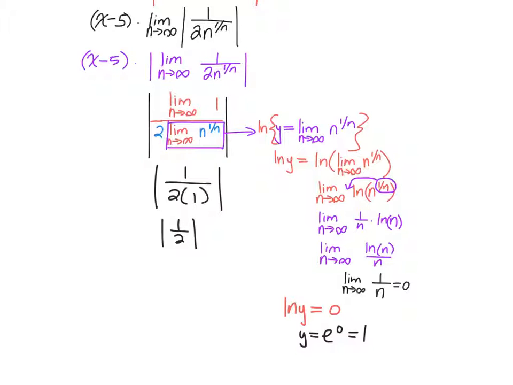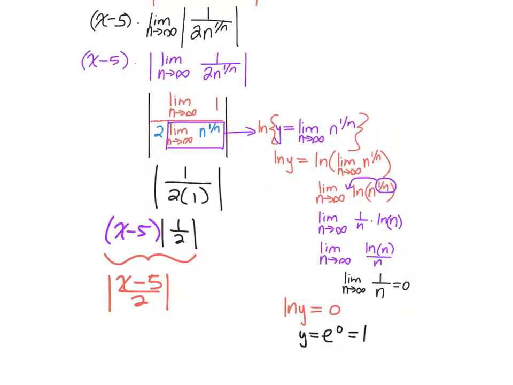All right, so I have the x minus 5. Bring that back into play here. If I distribute this, I'm going to get the absolute value of x minus 5 over 2. So it's with this that I'm going to determine convergence, because this is the root test.